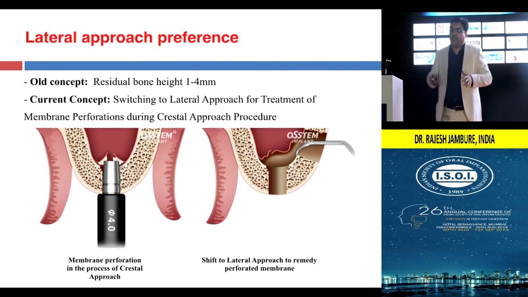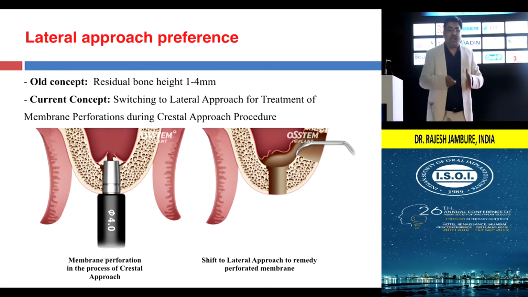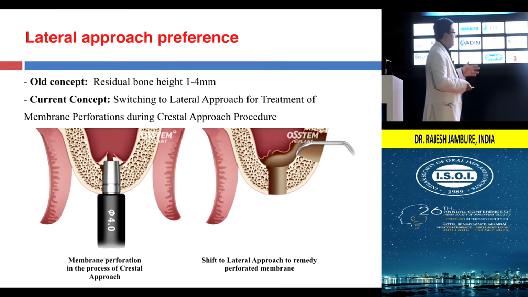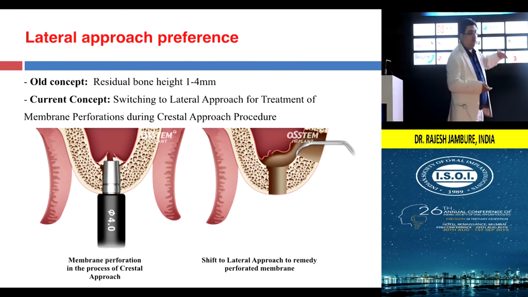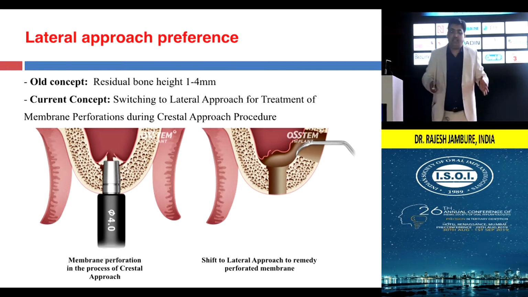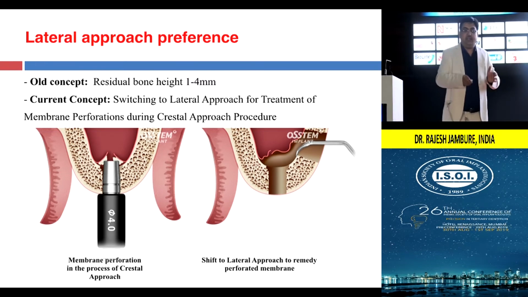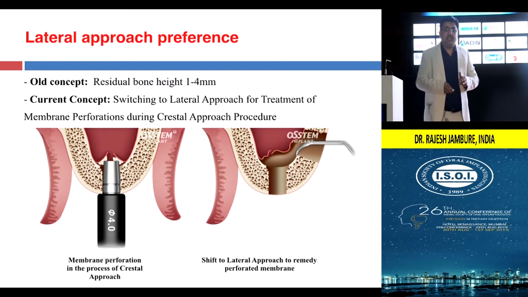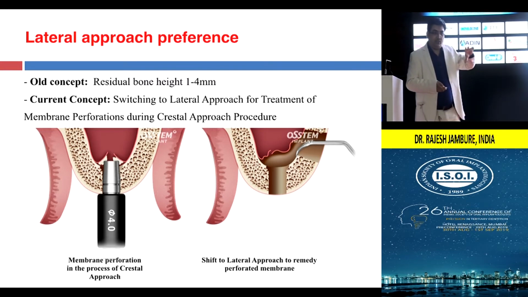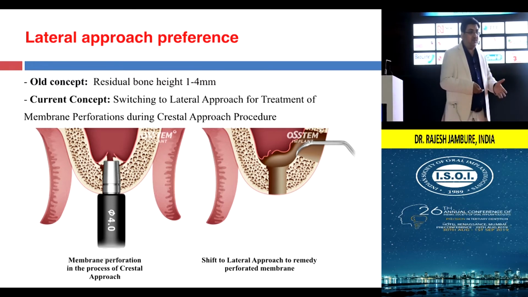Again, the clinicians' preferences are changing. Previously, if you see the old concepts about 1 to 4 millimeter, recently everyone is trying to do all the procedures at even less than 3 or 4 millimeters, and if at all there is a perforation, then we change it to the lateral approach.